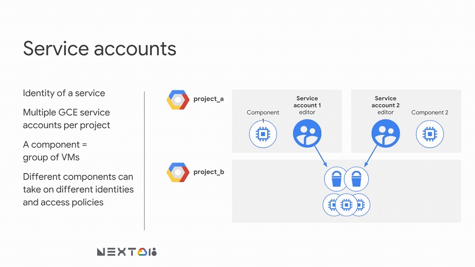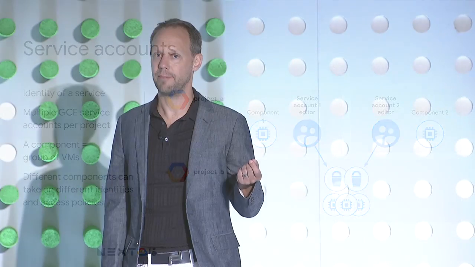You can have multiple service accounts inside the same project, and these can be granted any other role, so they can act on other projects and on other resources. In this example, you see that this service account acts on buckets in other projects, and that's totally fine. You can say one service account accesses one bucket, and my other service account accesses my other bucket.